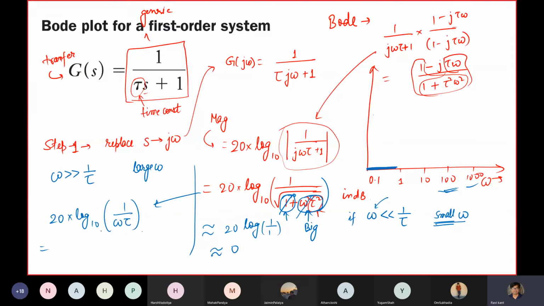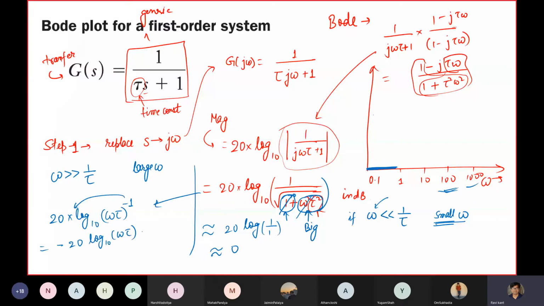And this is 1 upon tau omega. I can write this 1 upon tau omega as omega tau to the power -1, and the -1 comes out of the log, so minus 20 log 10 of omega tau.